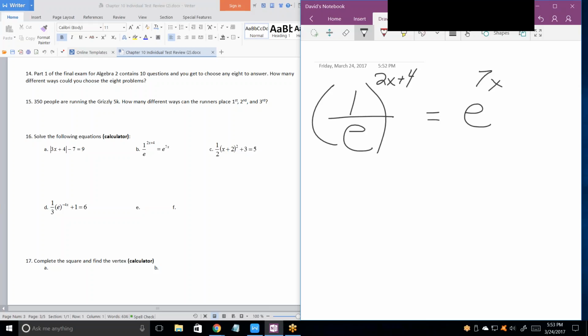Now what can I do? The key to solving this is to make sure, well, how should you write 1 over e? What's another way to write 1 over e?